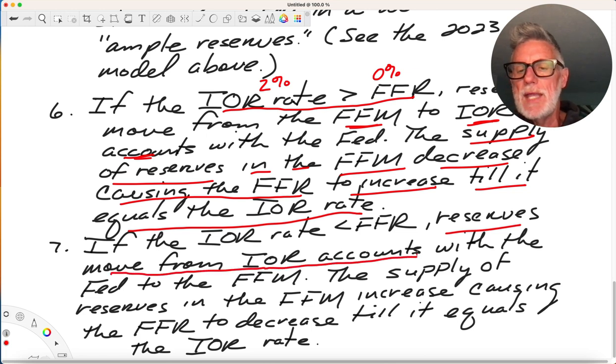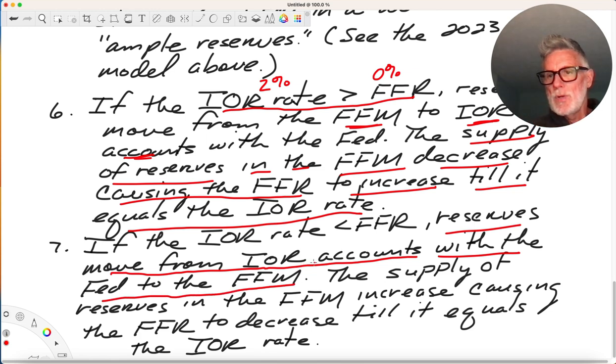Because banks can make more by loaning these reserves to other banks, not parking them in the Federal Reserve. So funds will move from these IOR accounts with the Fed into the federal funds market. So in other words, banks will choose to loan to other banks rather than park these funds in the Federal Reserve at some interest rate.